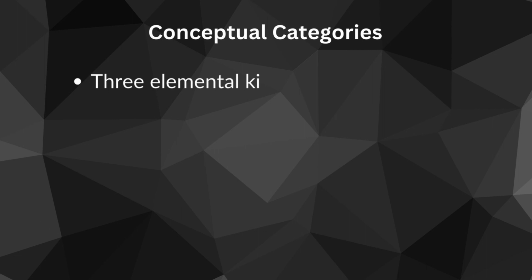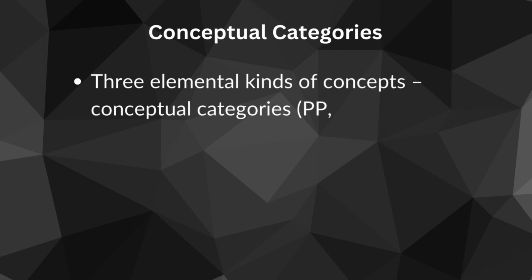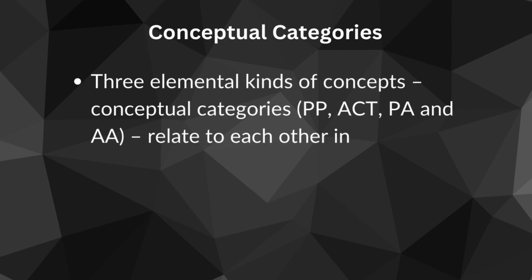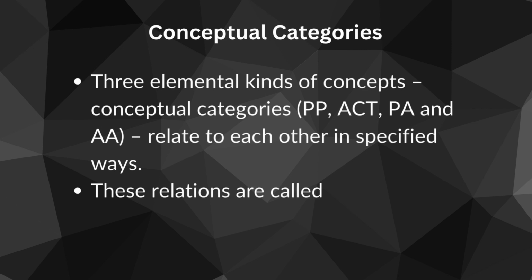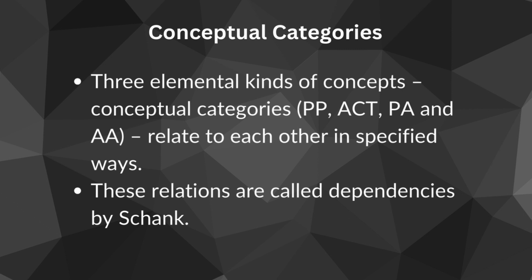The four elemental kinds of concepts are propositional phrase, action, path abstraction, and action abstraction. Propositional phrases. This category includes concepts related to spatial and temporal relationships.